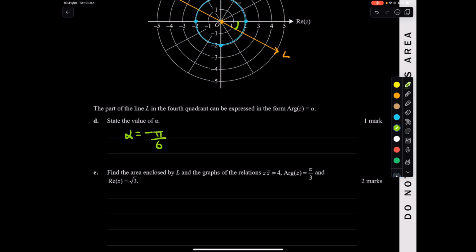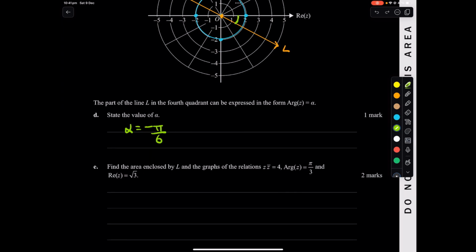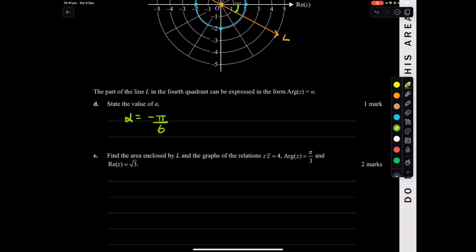If you draw a ray, remember a ray starts at 0, 0 in this case, and the ray would be here, negative pi on 6. We just calculated that. Done. Okay, negative pi over 6. Easy. Let me write that nicely, actually. Negative pi on 6.